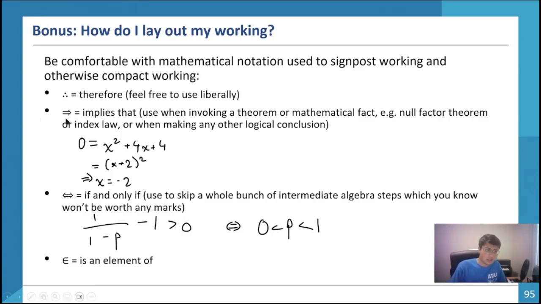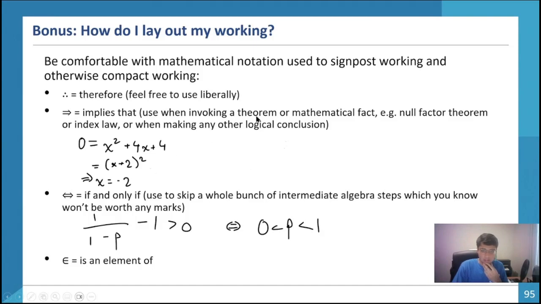The second thing is you can use this right arrow, which means implies that. I would use this when I was invoking a theorem. For instance, in this example here, I'm invoking the null factor theorem or some kind of mathematical fact, such as an index law, or when you're just making any other logical conclusion. Over time, you'll learn what comes under the scope of those logical conclusions.